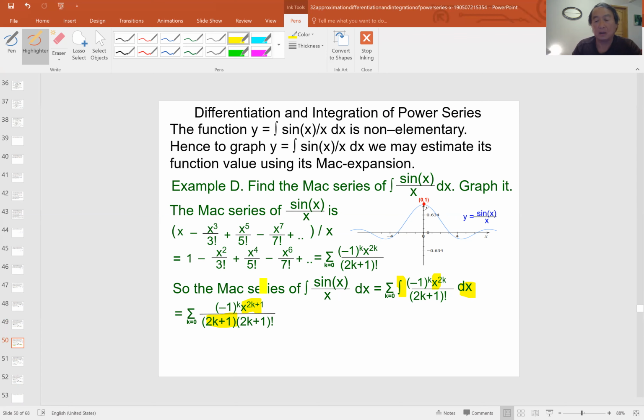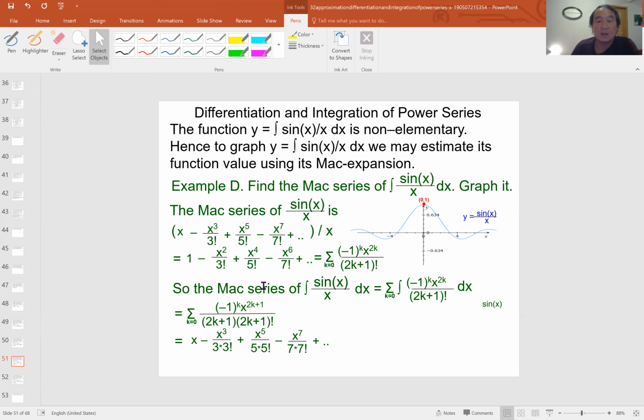So therefore, I arrive at the power series representation of the antiderivative. The reason is that there's no simple finite elementary way of expressing what the antiderivative is.